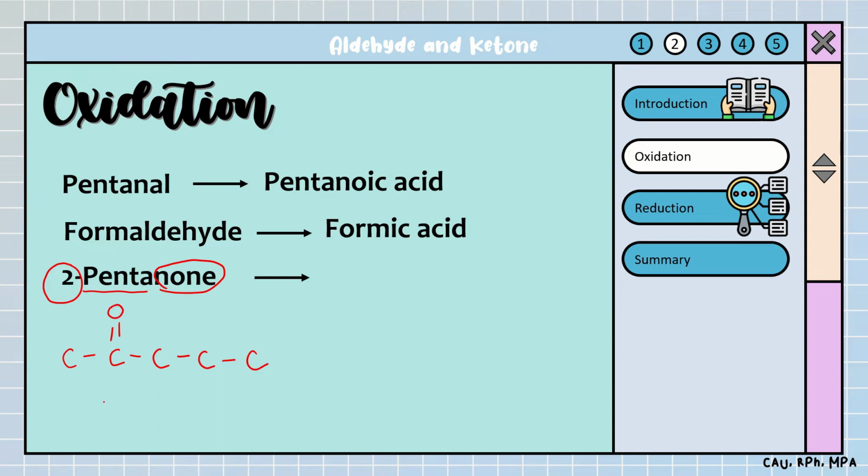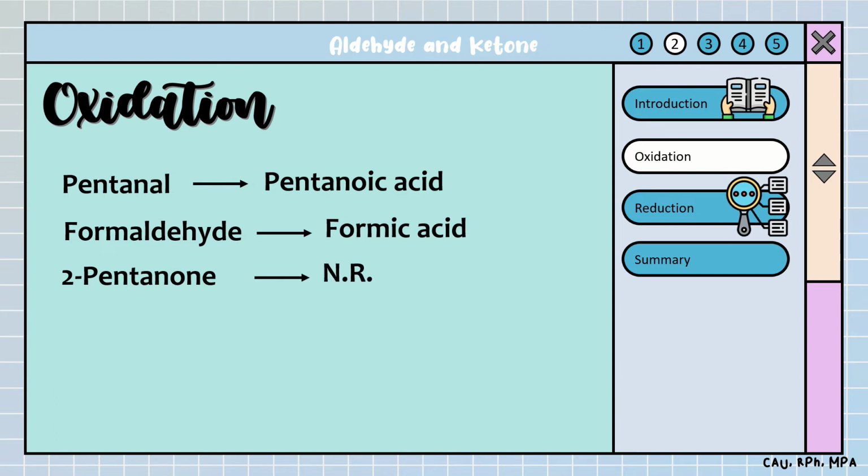Again, if that is an oxidation, the oxidizing agent cannot break the ketone because there is no readily available hydrogen for the carbonyl group. Therefore, we will not be having a reaction.